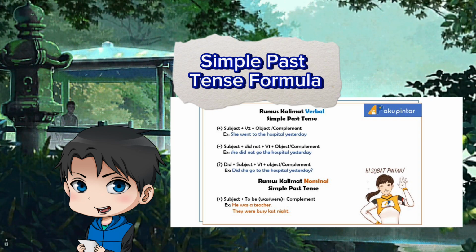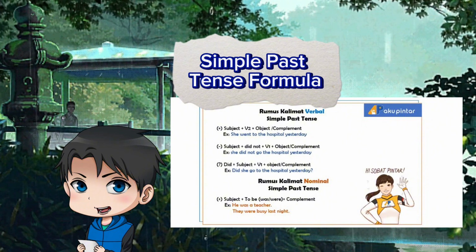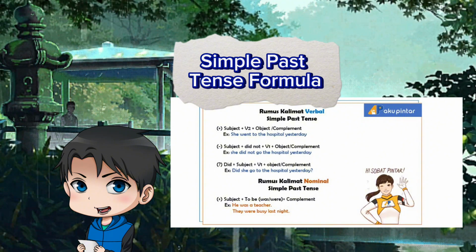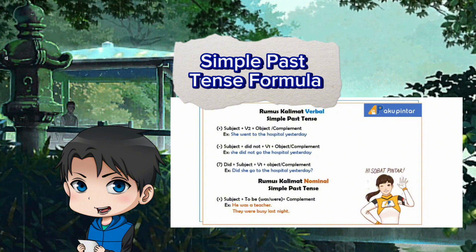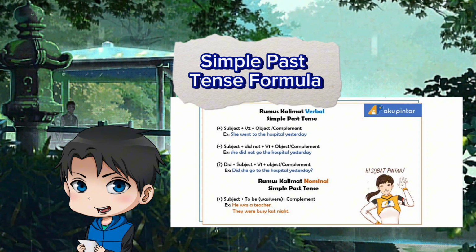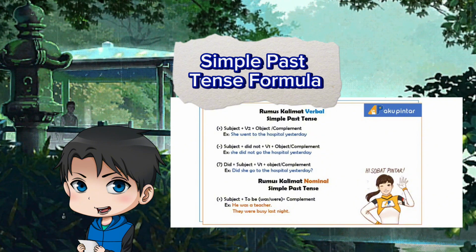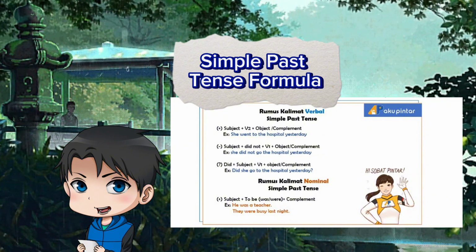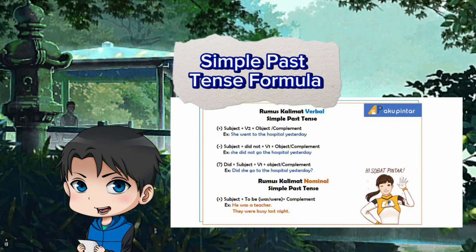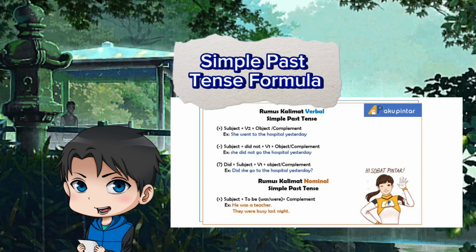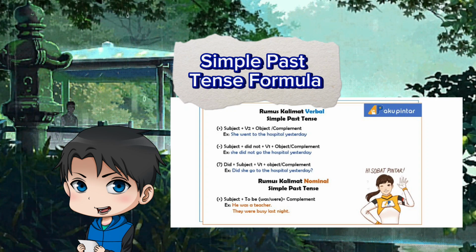Please remember, if the sentence is followed by did, we no longer need to use verb 2 and return to the basic verb form or verb 1. Meanwhile, in the formula for nominal sentences, we have to add to be past, was or were, after the subject.